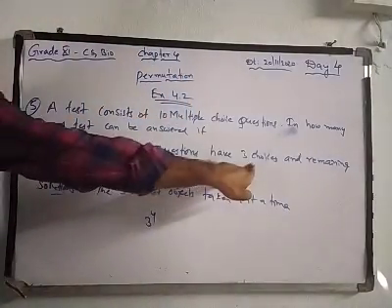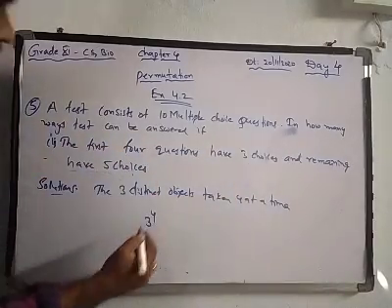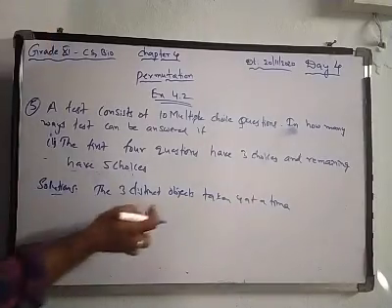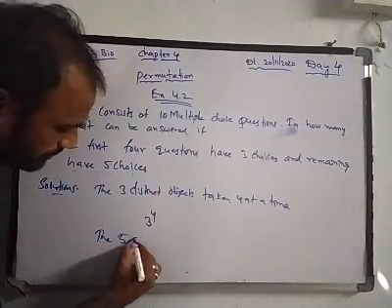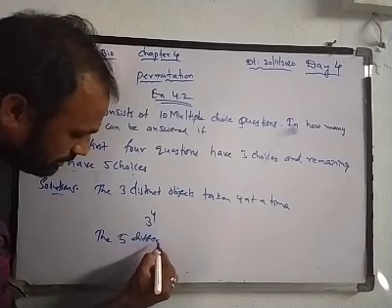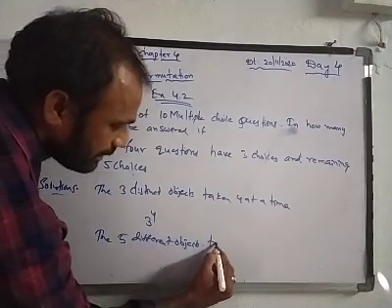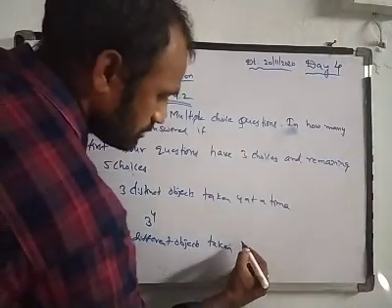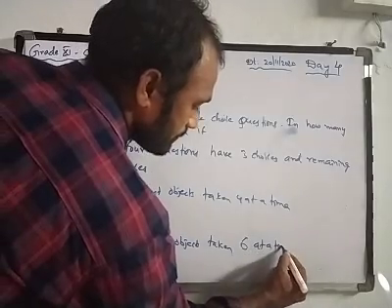So whatever the choices given, we have to keep it as the base, and the power is whatever the number of questions given. Next, we have already covered 4 questions. The remaining will be 6 questions. We are having 5 choices, so 5 different objects taken 6 at a time.